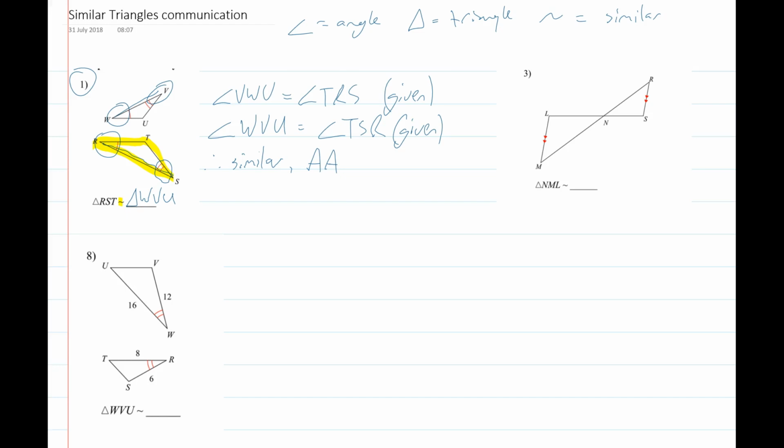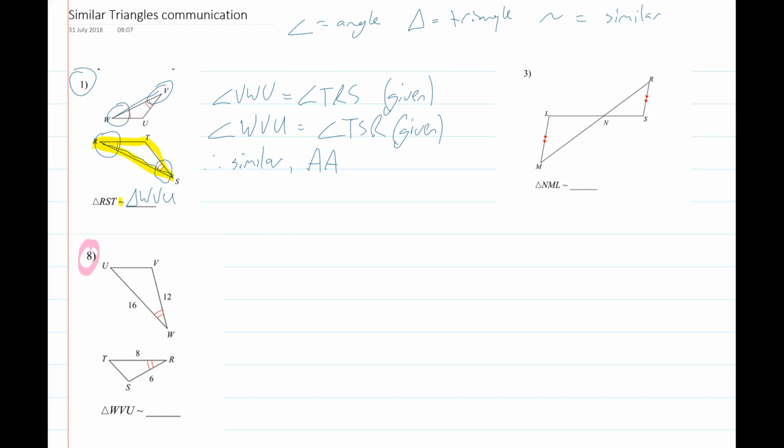Let's take a look at a couple of other ones. Down to this one, number 8. What have we got? We've got an angle that's given to us, and we've got 2 sides on each triangle that we know. So we're probably going to test the side angle side.